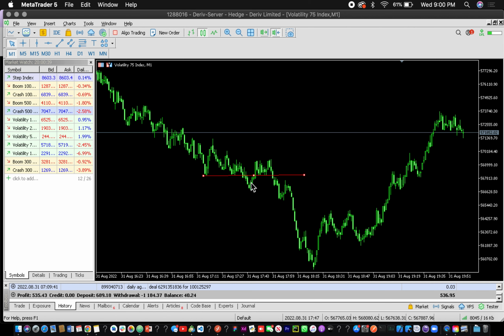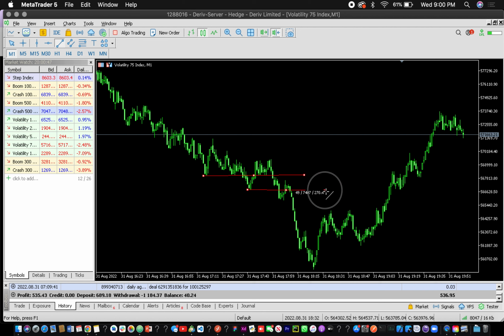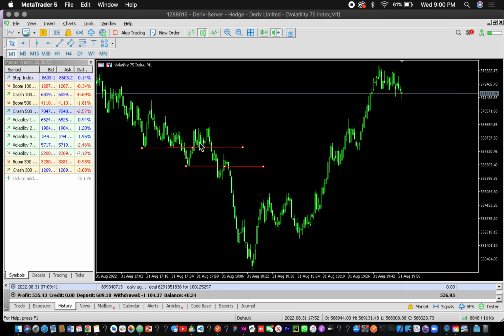Now, you might say, okay, this doesn't look like a good down trade. Great, but check this out. Anywhere you see that, the market must continue down, because that is not a reversal point for the market.